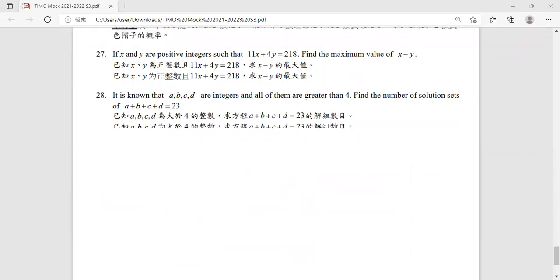So you now know that they are greater than 4. Now I use P, Q, R, S. I set P equal to A minus 4, Q equal to B minus 4, R equal to C minus 4, and S equal to D minus 4.